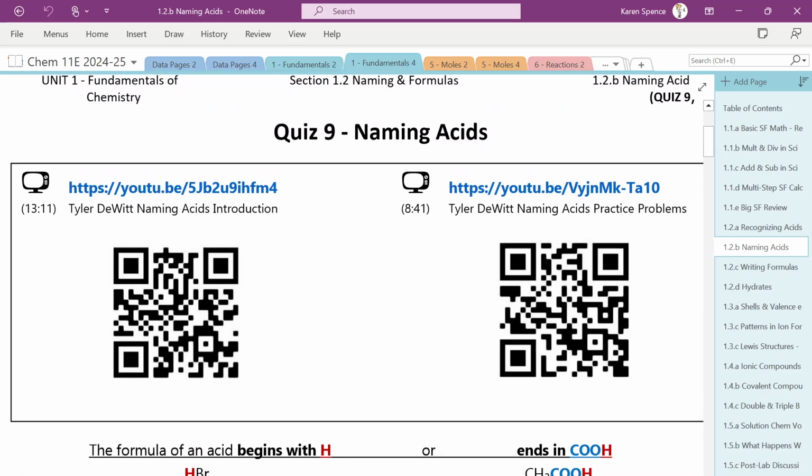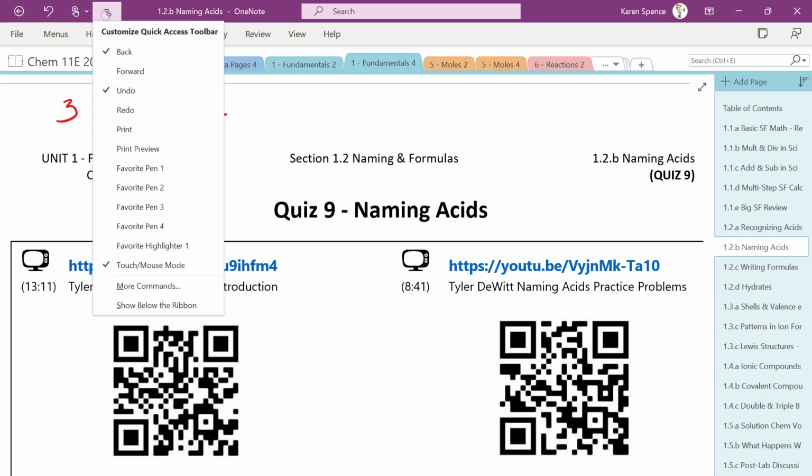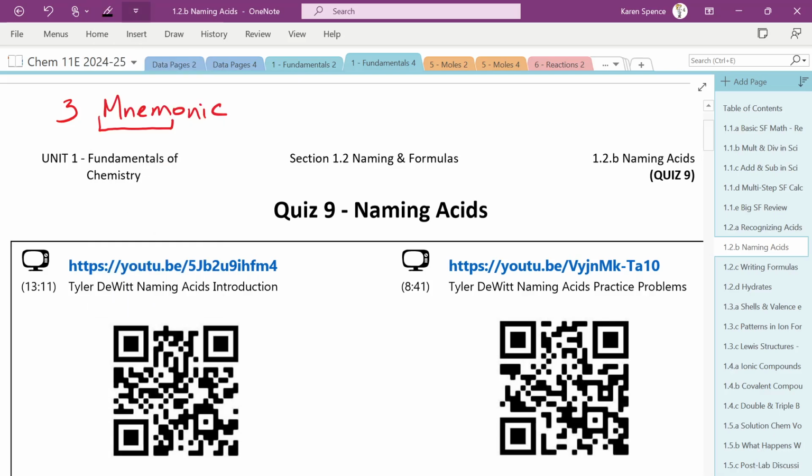Do you remember, or did you learn, the 3 mnemonic? Do you guys know the word mnemonic? Mnem, which has a silent M at the beginning, is from the Greek for memory.